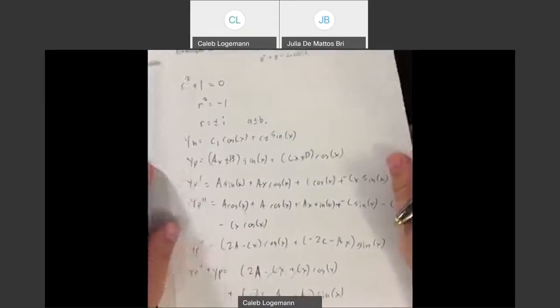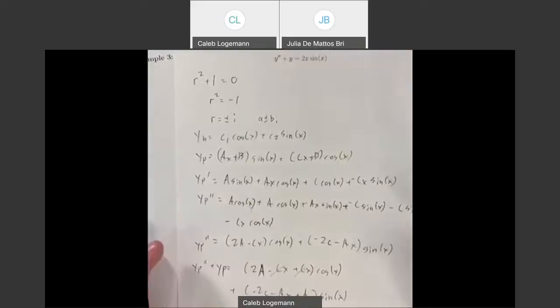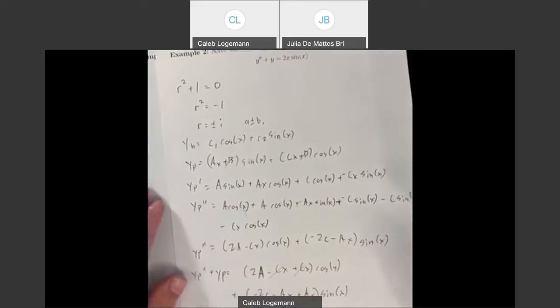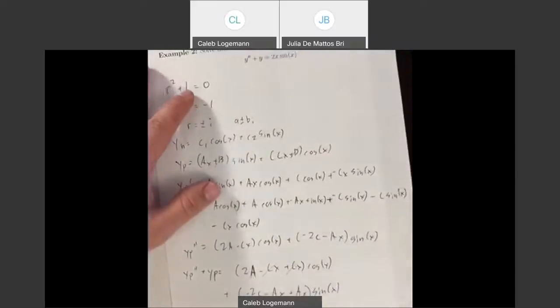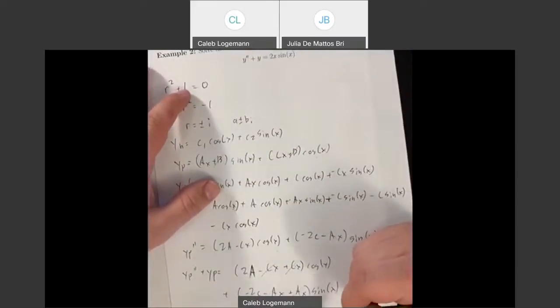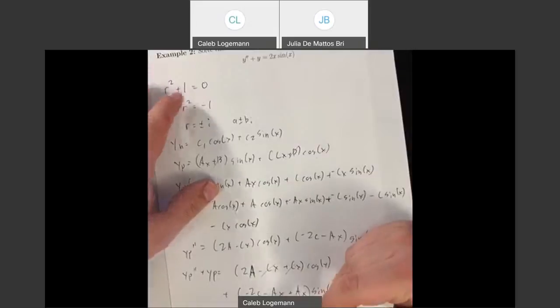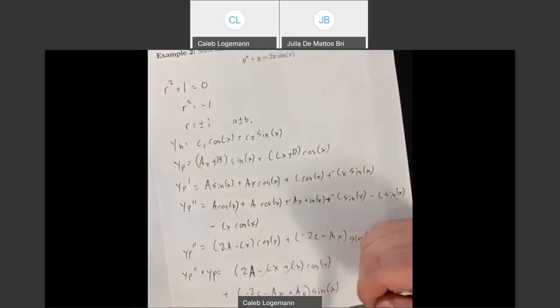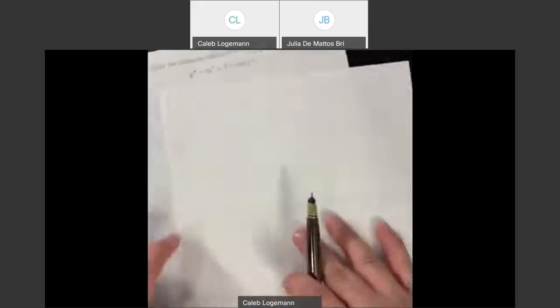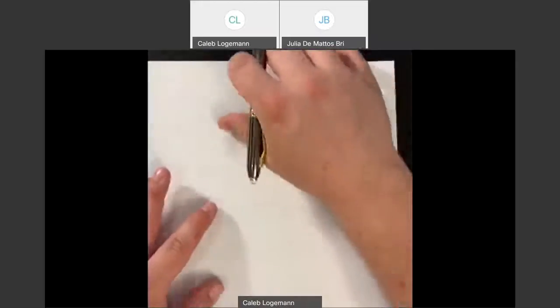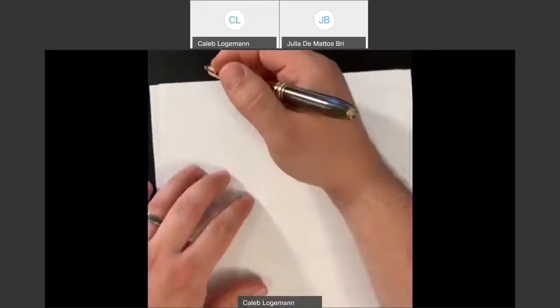So let's try that out. We end up with the thing where we don't have any x terms left on the left-hand side, which is not good. We need to have some x times sine terms. So let's try again with a new guess. This happens sometimes, and that's okay. We have to make a different guess.